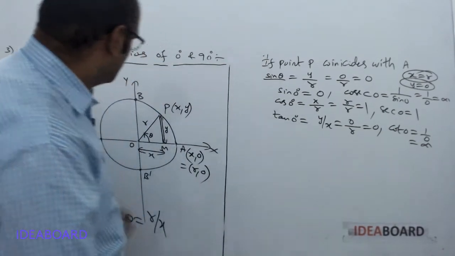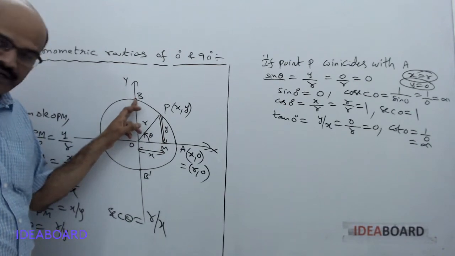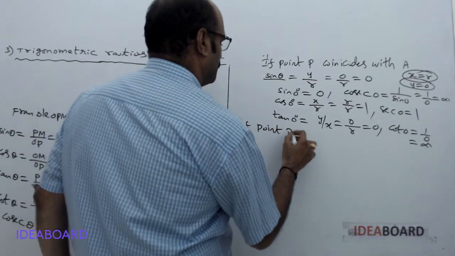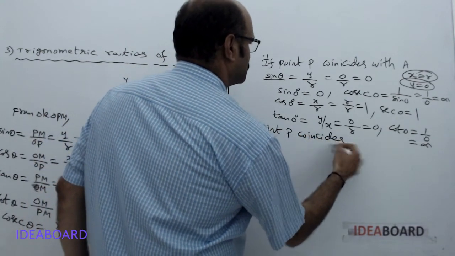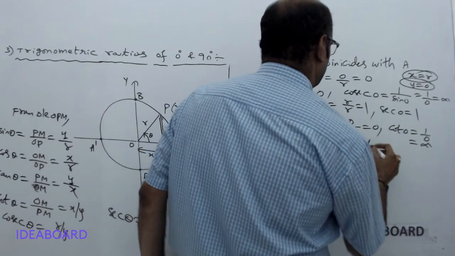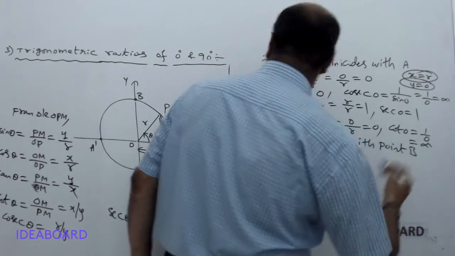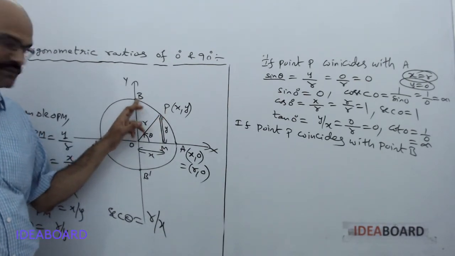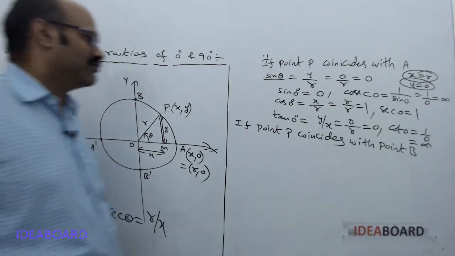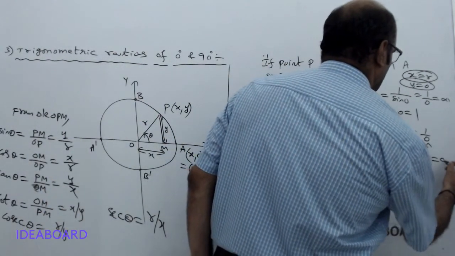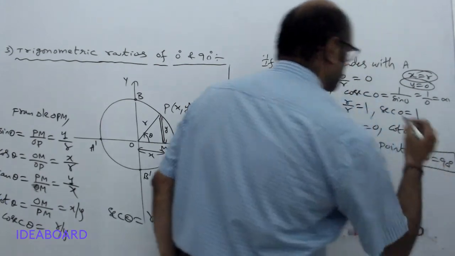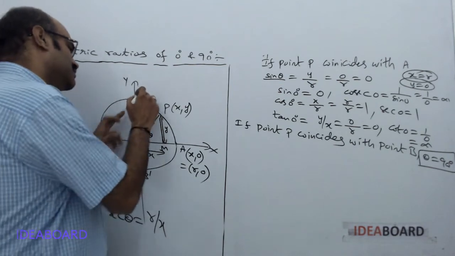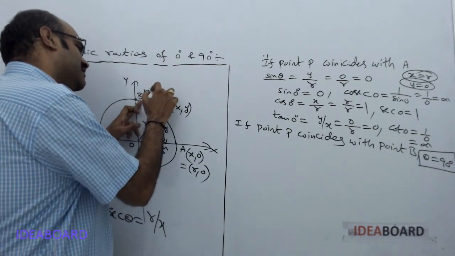Now if the point P coincides with the point B, then theta equals 90 degrees. So here the point P comes here, x comma y.